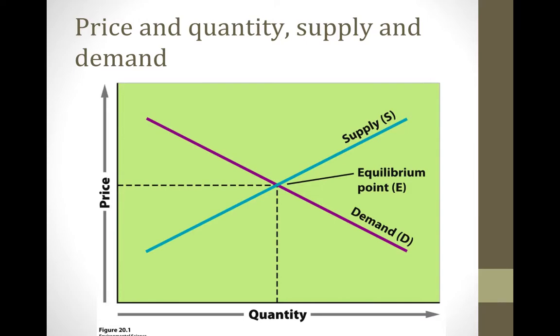So let's take a brief look at quantity and price, or the supply and demand curves. So the idea with supply and demand is that a manufacturer will increase supply until they reach an equilibrium point where the supply equals the demand and gives you a certain specific price and a certain quantity of that product that they're making.